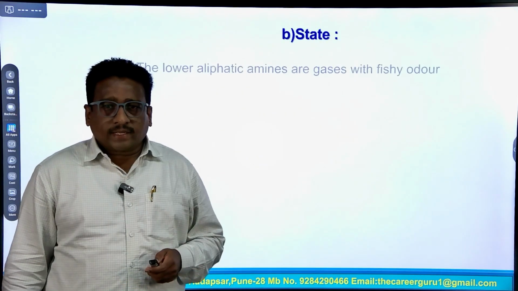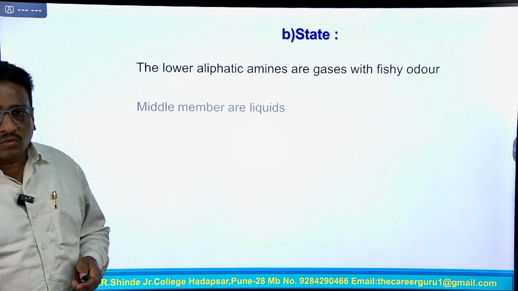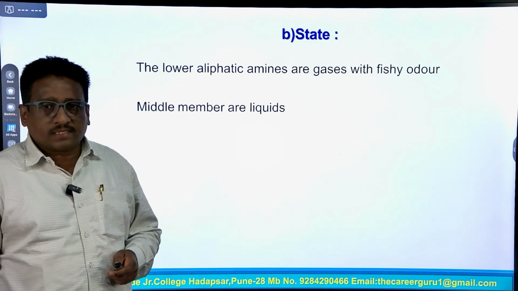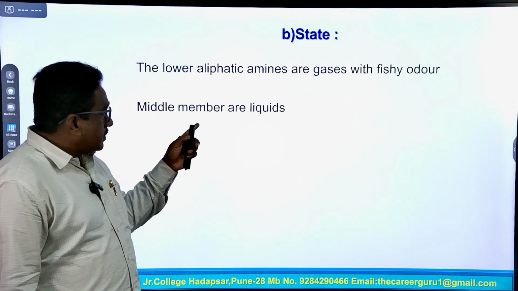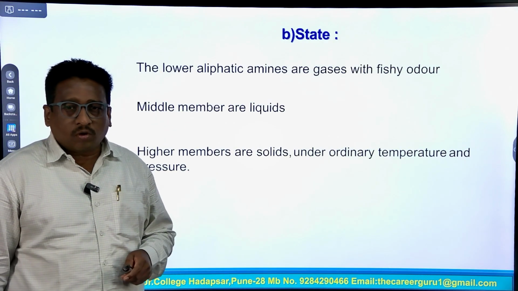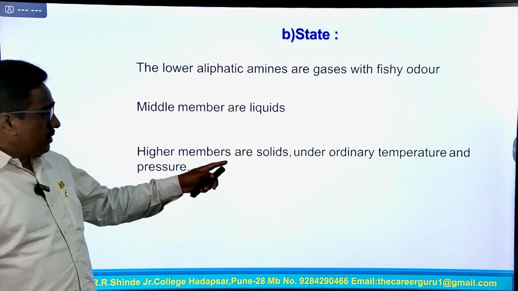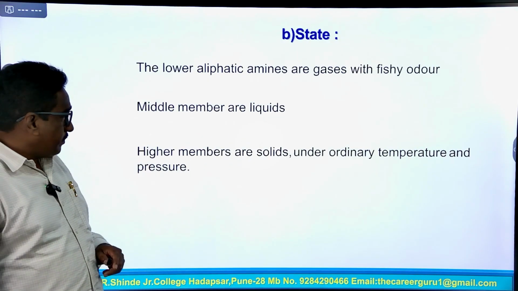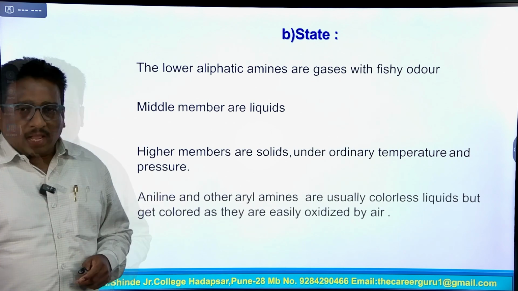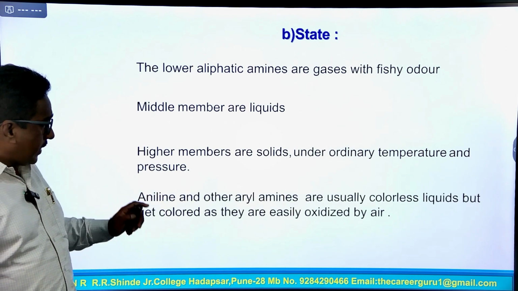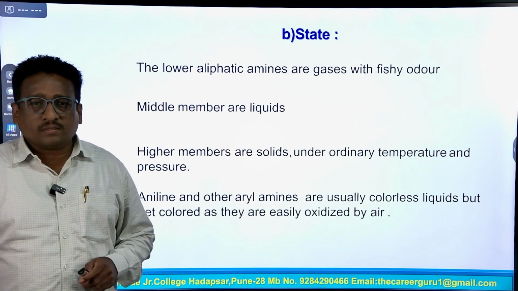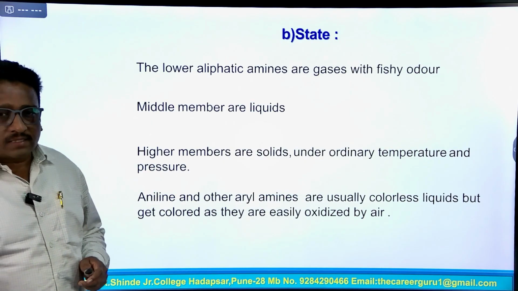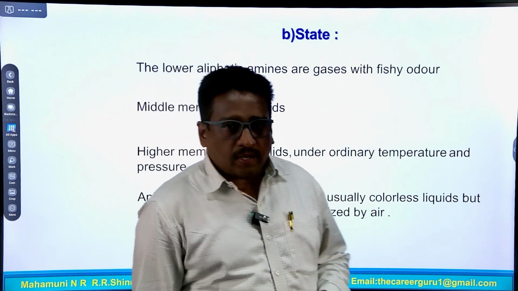Second, physical state. The lower aliphatic amines are gases with fishy odor, middle members are liquid, and higher members are solid under ordinary temperature and pressure. Aniline, meaning aromatic amine, and other arylamines are usually colorless liquids, but get colored as they are easily oxidized by air.